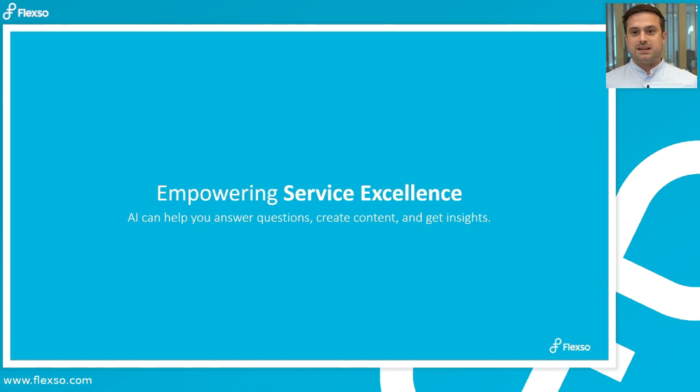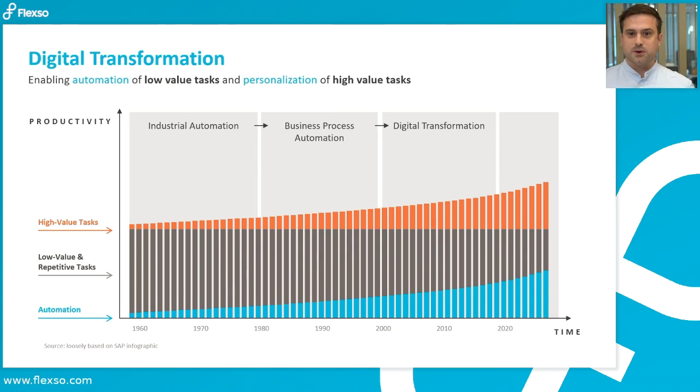All right, so how can SAP AI help you empower service excellence? First of all, you see here a graphical representation of the digital transformation and how automation is impacting productivity. New technologies help us improve the productivity on a day-to-day basis for all our employees.